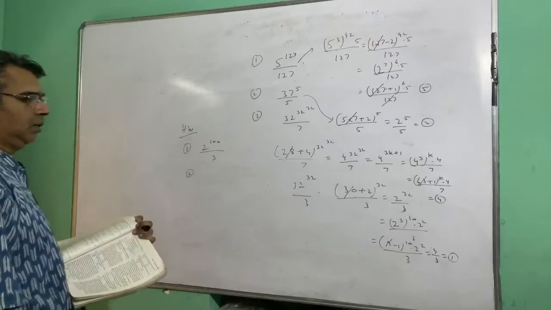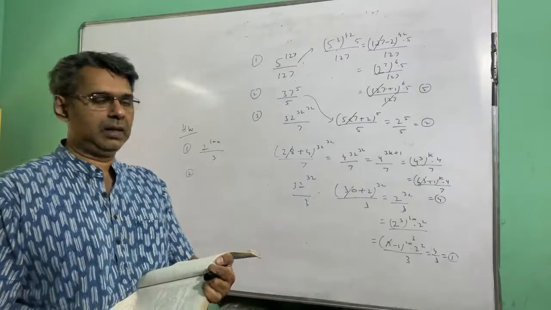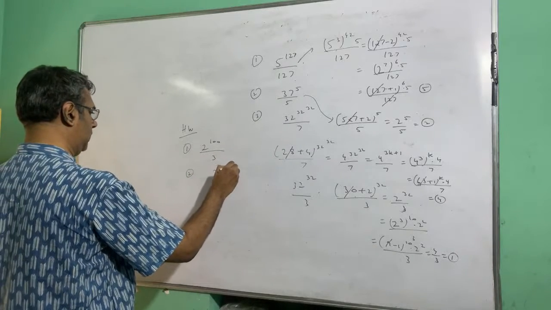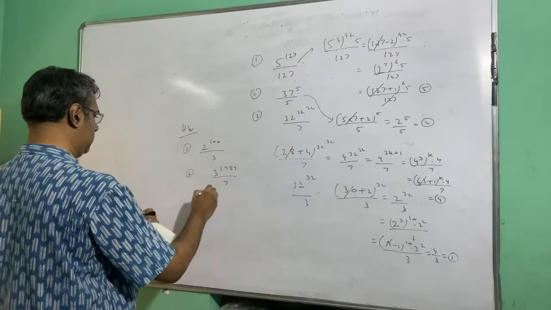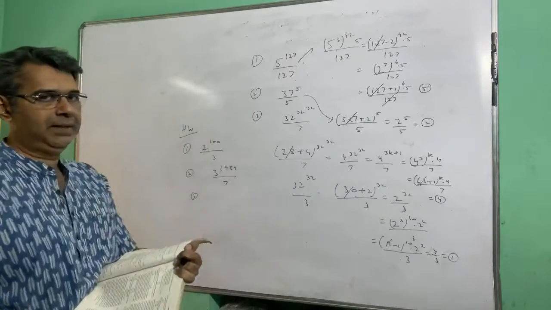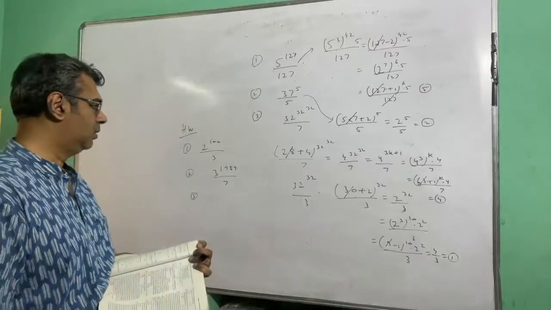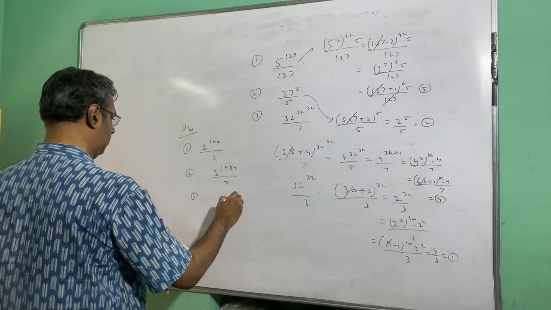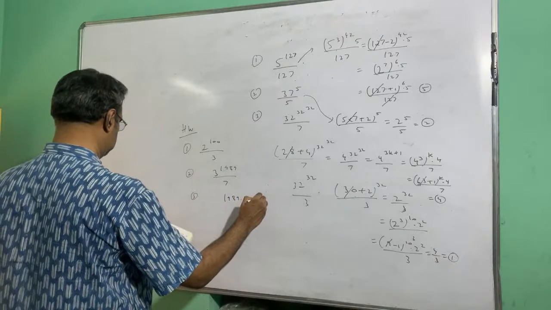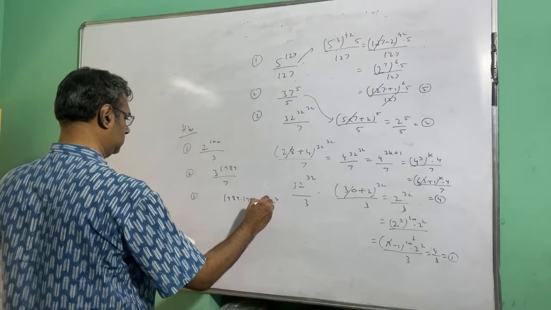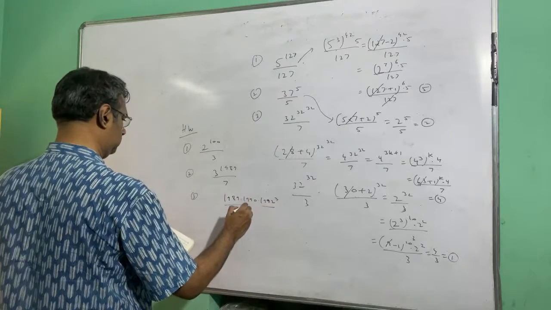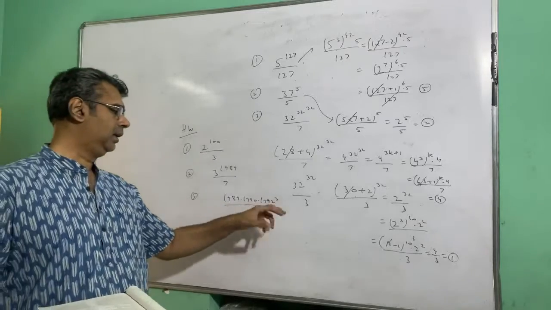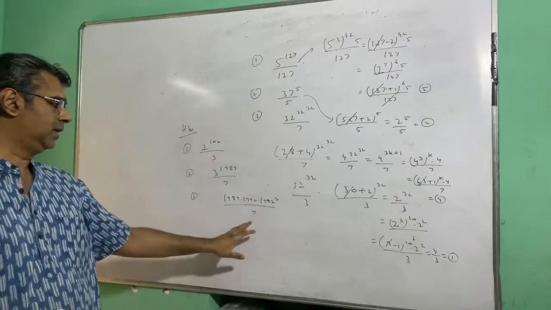The first homework question is 2 to the power 100 by 3. You have to find the remainder. The second homework question is 3 to the power 1989 by 7. The third one is 1989 into 1990 into 1992 whole cube by 7.